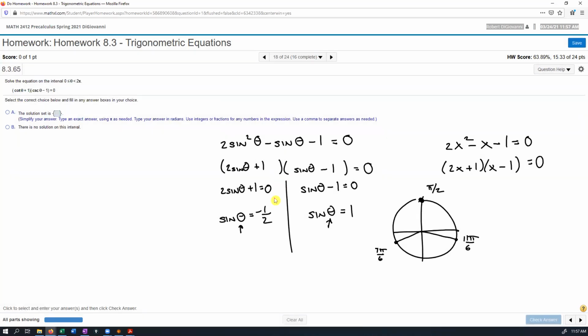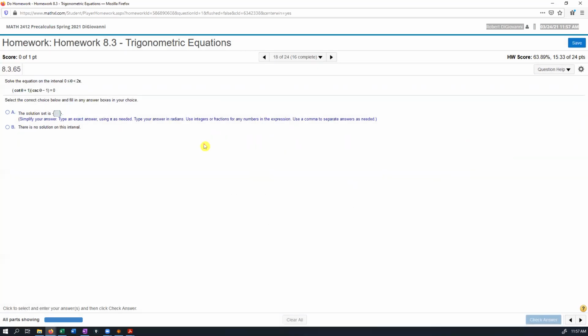Okay, so now solving the equation: cotangent theta plus 1 times cosecant theta minus 1 must equal 0. It's already factored, which is great. We can just set each factor equal to 0.